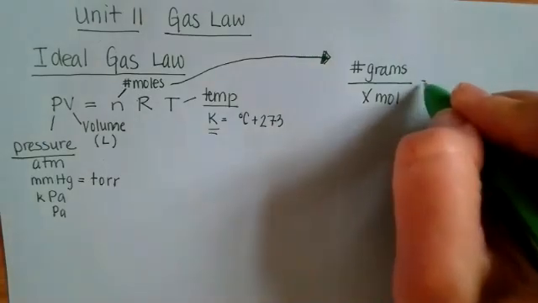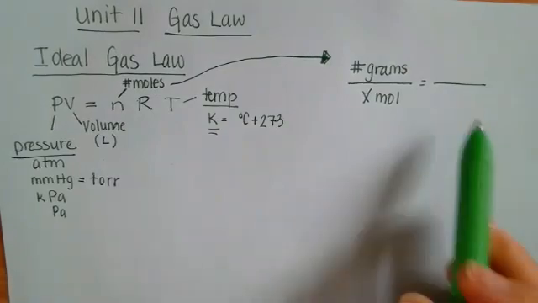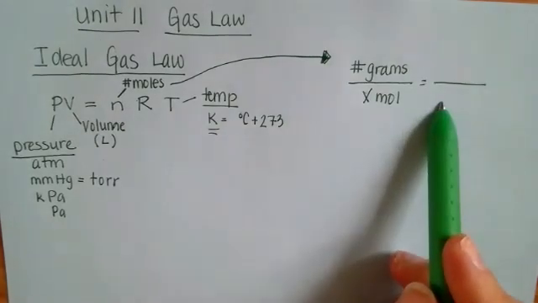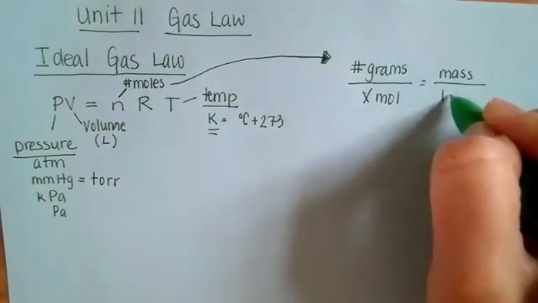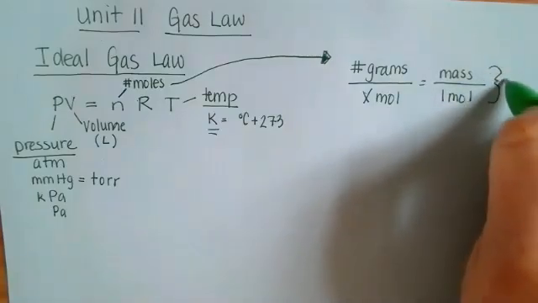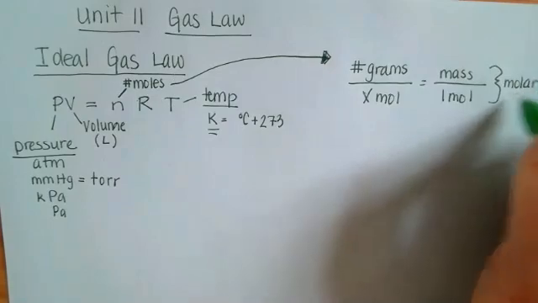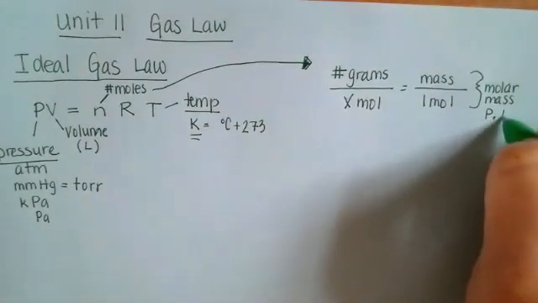And then with the periodic table, you can set up the second part of the proportion. So that would be your mass per 1 mole, okay? And this is known as your molar mass. And you got that using your periodic table.